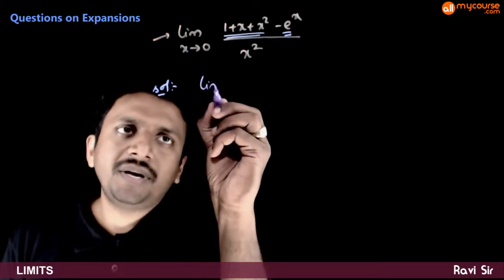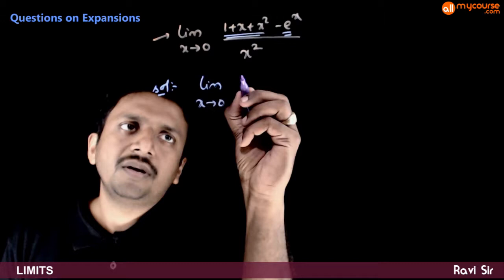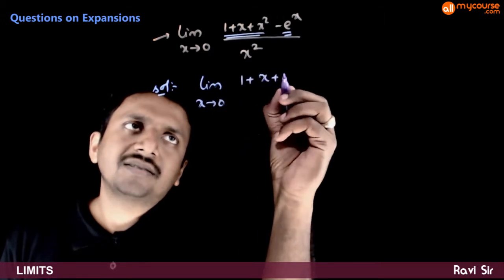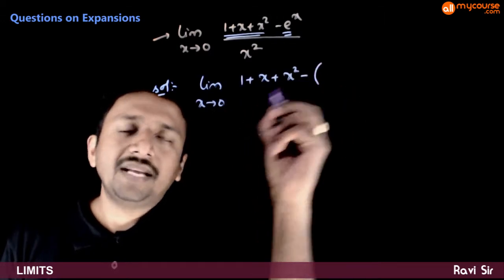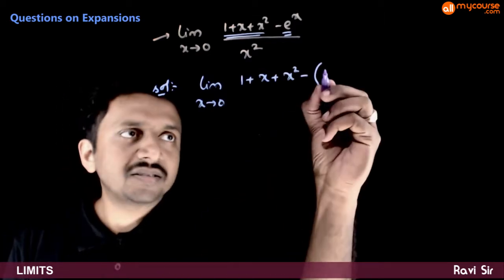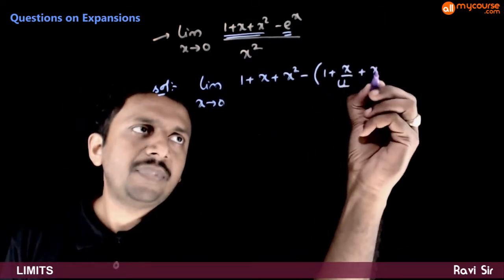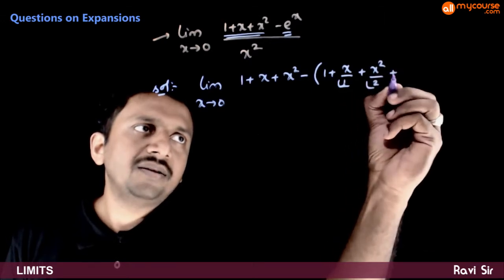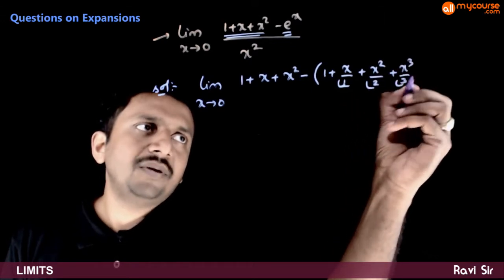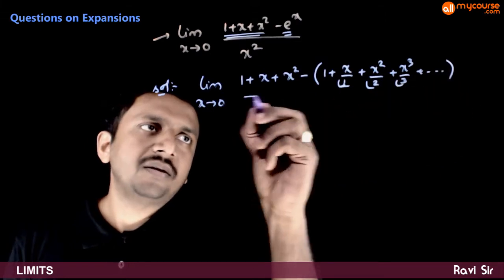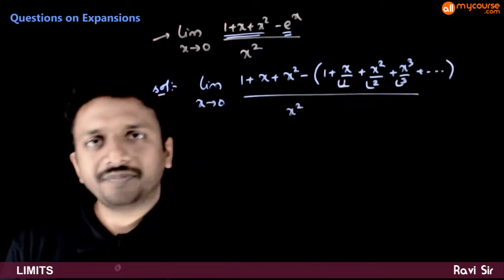That is equal to limit x tends to 0, 1 plus x square minus of, what is e power x? 1 plus x by 1 factorial plus x square by 2 factorial plus x cubed by 3 factorial plus so on, by x square.